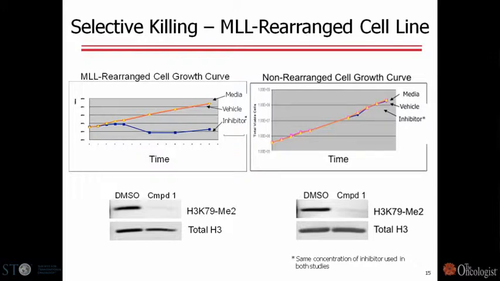So we see very robust concentration-dependent inhibition of proliferation and driving the cells into apoptosis for cell lines that contain the MLL rearrangement, but no effect on proliferation for non-rearranged cells, despite the fact that the compound gets in and affects the methyl mark.